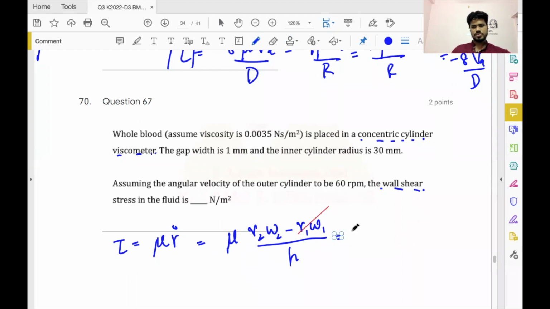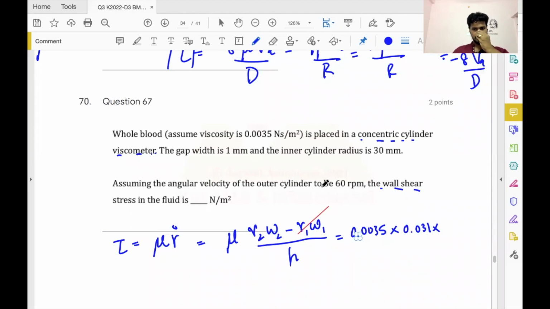Okay, mu is going to be 0.0035 Newton per meter square second, Pascal second, fine. That times R2, the radius of this wall, which will be 31 into 10 power minus 3, so that should be 0.031, times omega, which should be in radians.